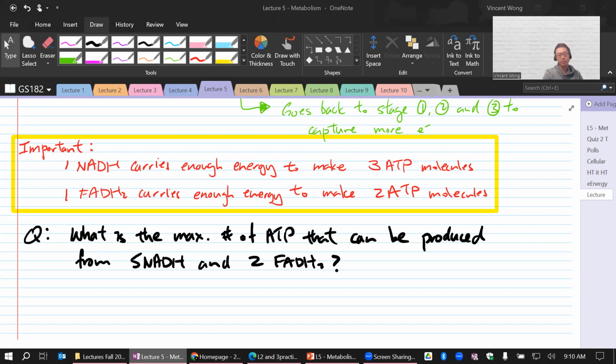Just key it in the chat box, and then we'll press enter at the same time, so we won't see other people's answers when we're trying to figure it out. I'm just going to give you maybe half a minute to figure this out.